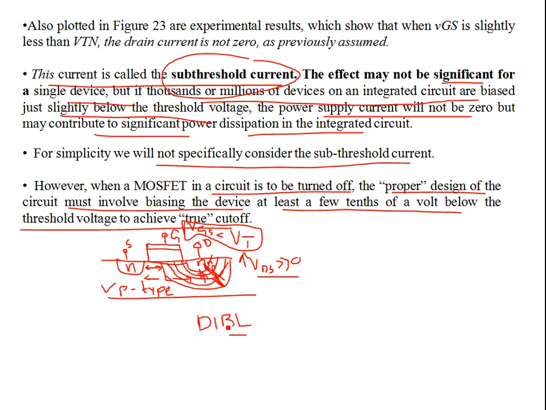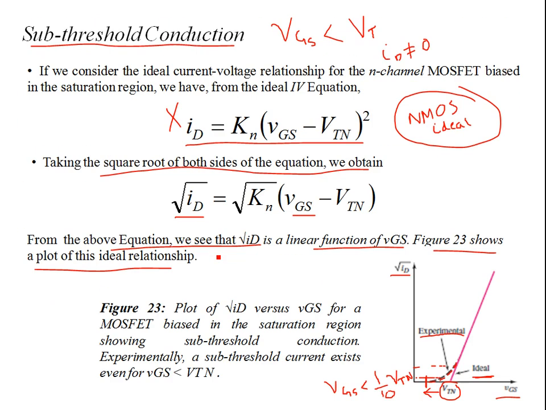Drain can introduce the lowering of barrier, and due to that you might have a small leakage current. Experimentally you see this over here as well. The leakage current is very small. Beyond VTN, these leakage currents are quite small. But if you have multiple devices, yes, they can be significant.